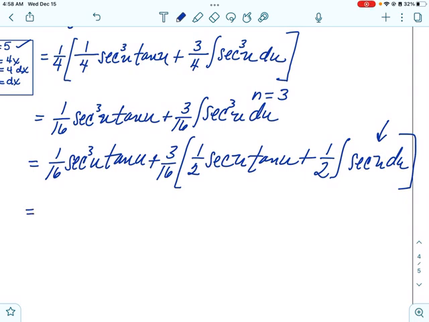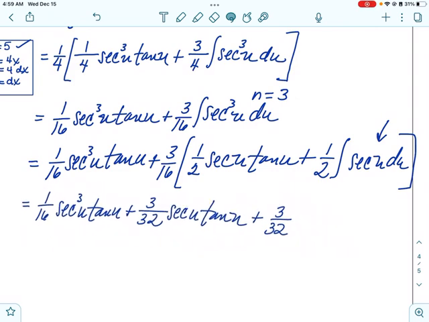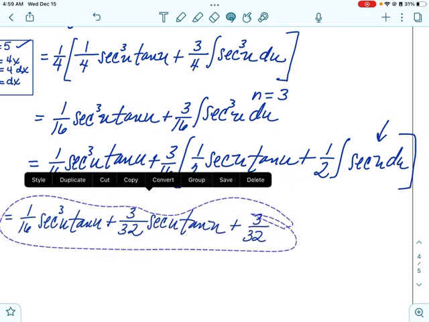So I've got 1 over 16 secant cubed u tan u plus 3 over 32 secant u tan u, just distributing now. And then I've got a plus 3 over 32, and then times, I'm going to do one more step.